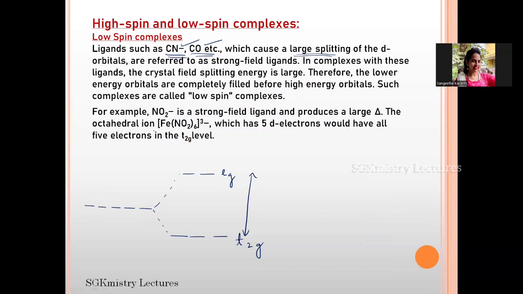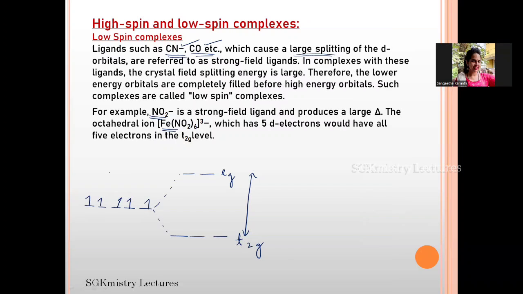So let us look into the example. Here there is the nitro ligand, NO2 minus, which is a strong field ligand. This particular complex has 5 electrons: 1, 2, 3, 4, 5.